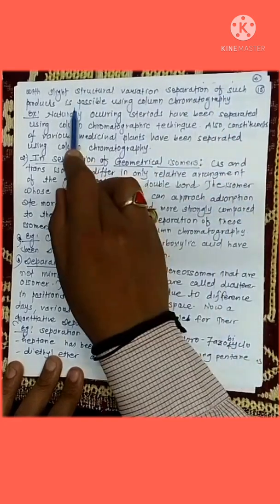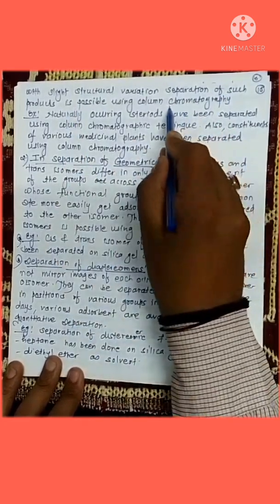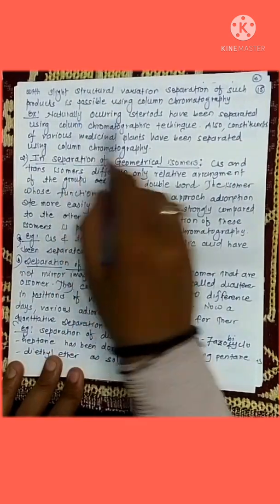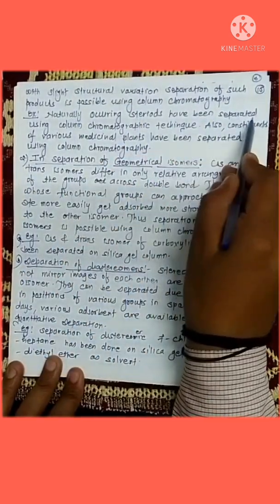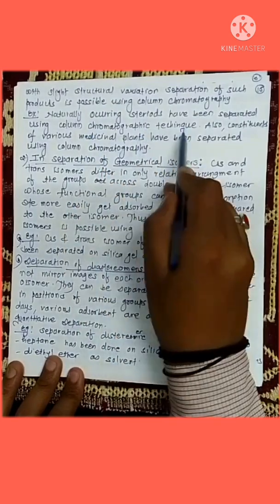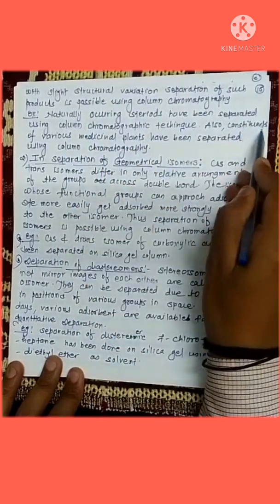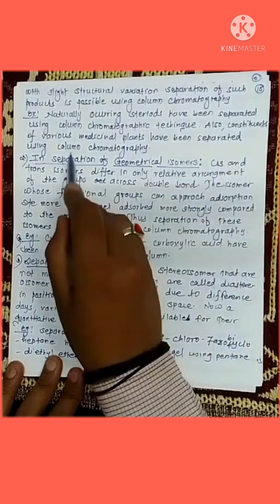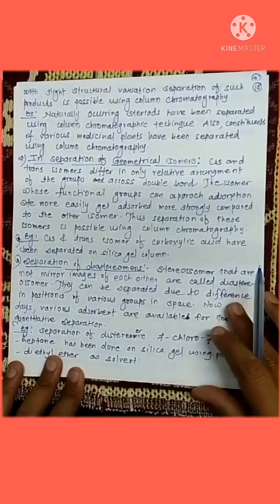Separation of such products is possible using column chromatography. Naturally occurring steroids have been separated using this technique. Also, constituents of various medicinal plants have been separated using column chromatography.